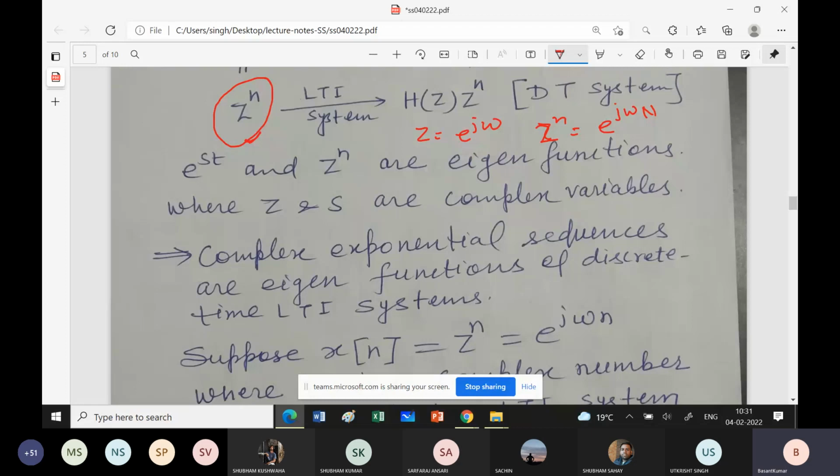So what is observed is that the response is H(z) multiplied by the same signal z^n, and H(z) is an eigenvalue.